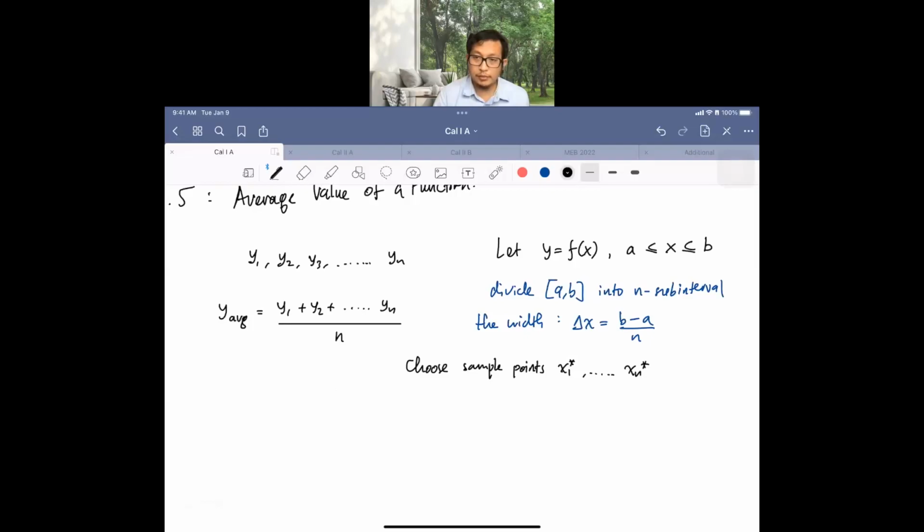If we choose the sample points of x, then we have the function values at each sample point up until xn.